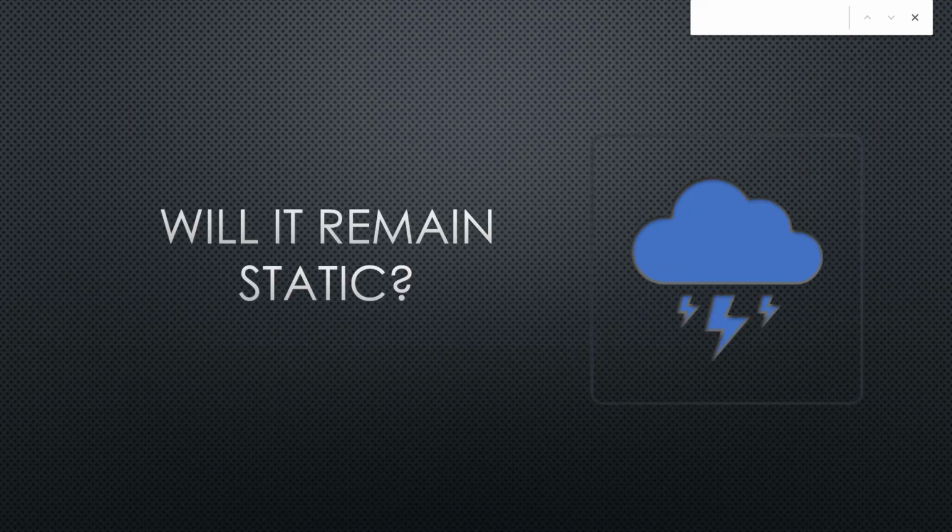Will it remain static? Personally, in my opinion, I don't believe that this sign will remain static, because damaging winds are classified as those exceeding 50 to 60 miles per hour according to the National Severe Storms Laboratory.